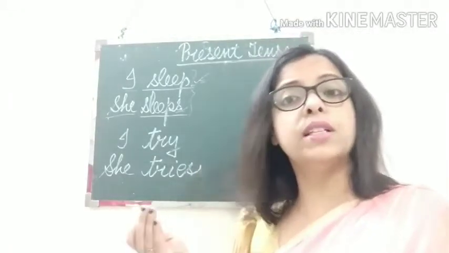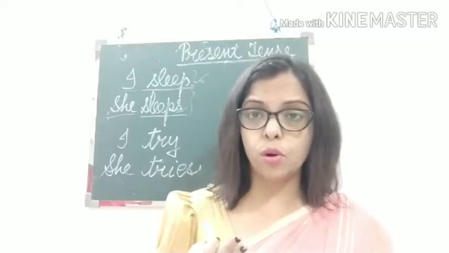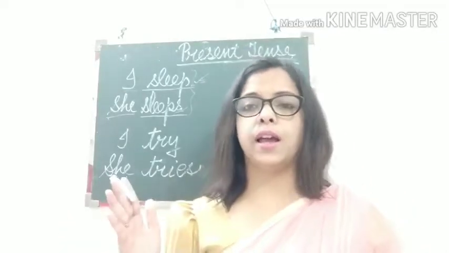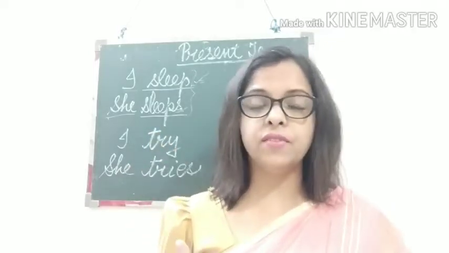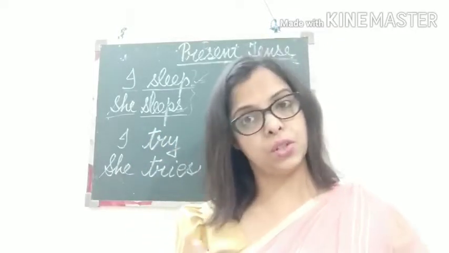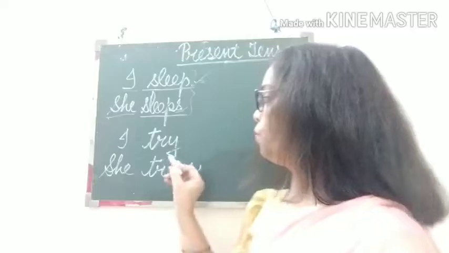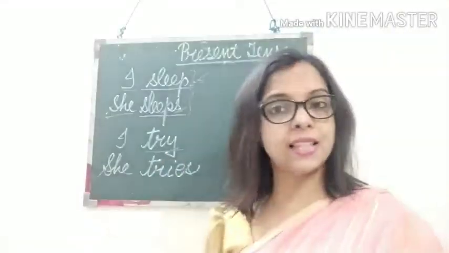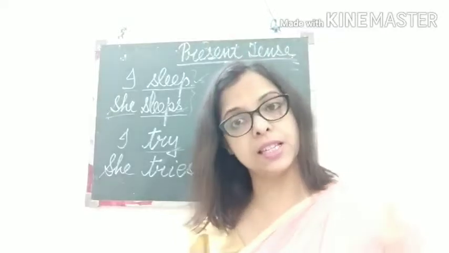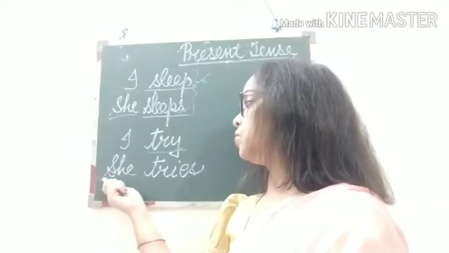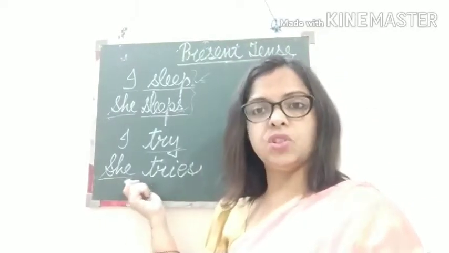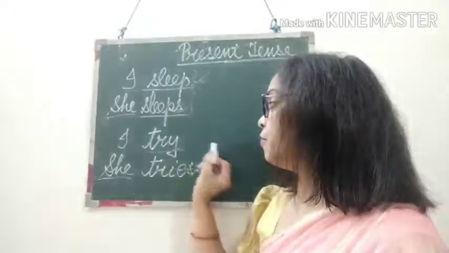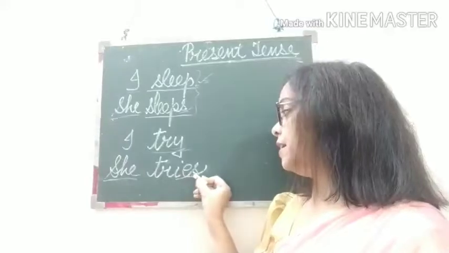Now if the word ends in y, then what do we do? We just drop the y, meaning we remove the y, and in place of y we add ies to it. Let's see how. I try. Try is the verb, it is as it is, there is no change, it is in present tense. Now if we have to use it with she, he, it, then we drop y and add ies to it.